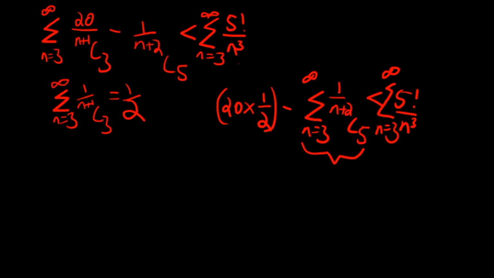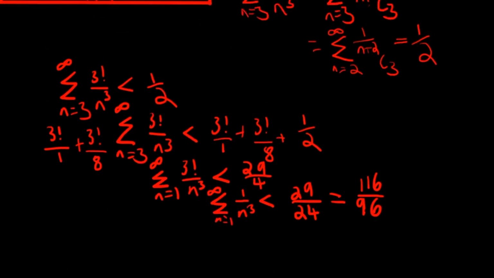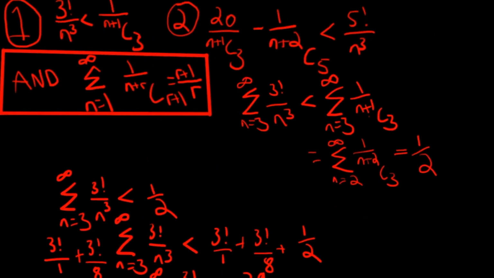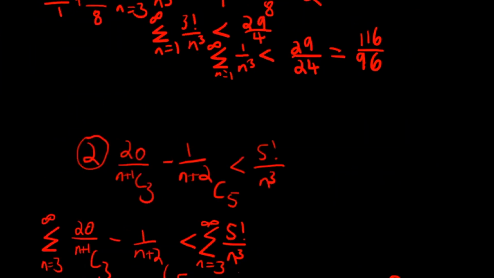So just like we did in the last part, we need to somehow change this into a form that can be evaluated, because if you remember, if I scroll up, we need it in this form: 1 over n plus r C r plus 1.